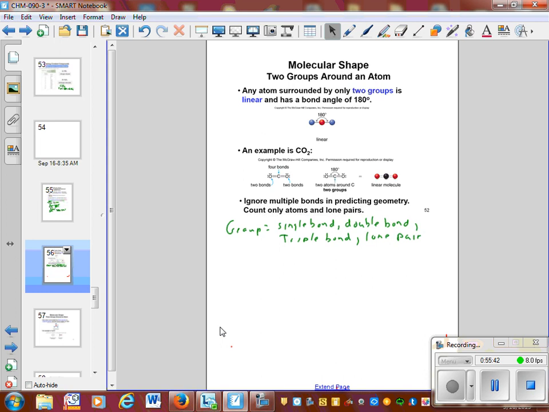Let's look at a couple others. Let's look at water. We did the Lewis diagram. How many groups around the oxygen? 4. 2 single bonds, 2 lone pairs. 4 groups.